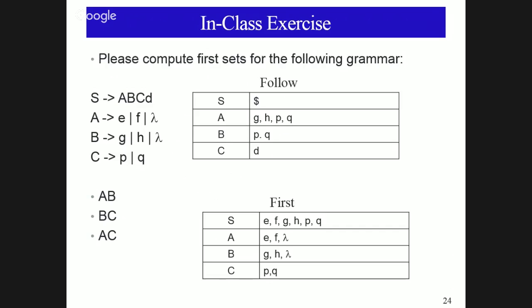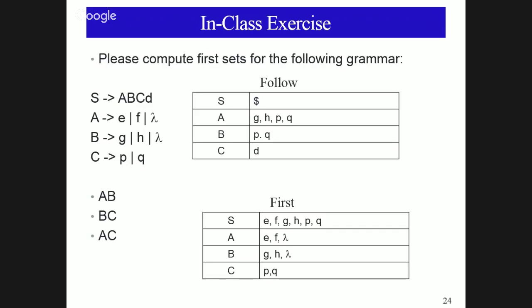We need the first set. We need the follow set. We need the grammar. Everything is based on the grammar. And then there are some rules about what goes into the table based on the first set and what goes into the table based on the follow set, only if you have lambdas. Then we're going to take that table and write a parser, or simulate, just to see how the parser works with the table.